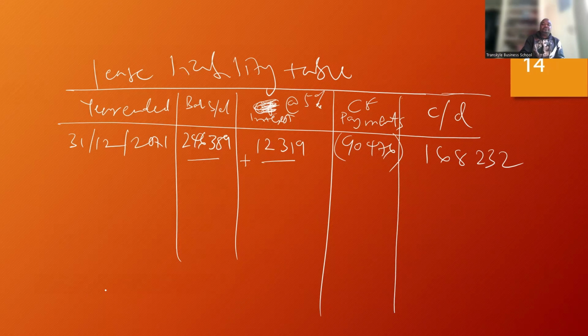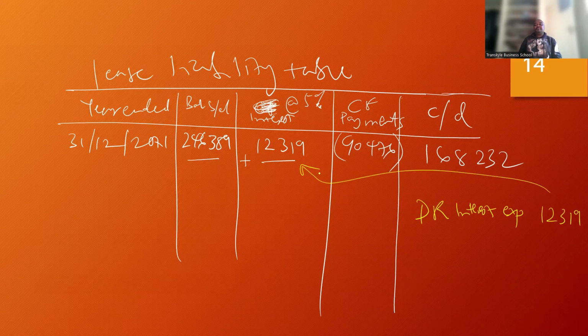So, here's the accounting. In year one, we are going to debit interest expense, 12,319. This is the interest expense we are talking about. And we credit lease liability.